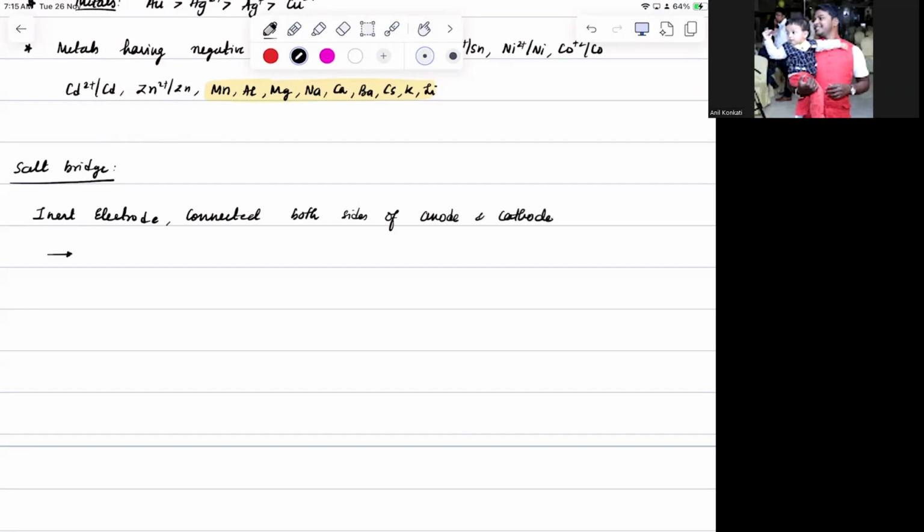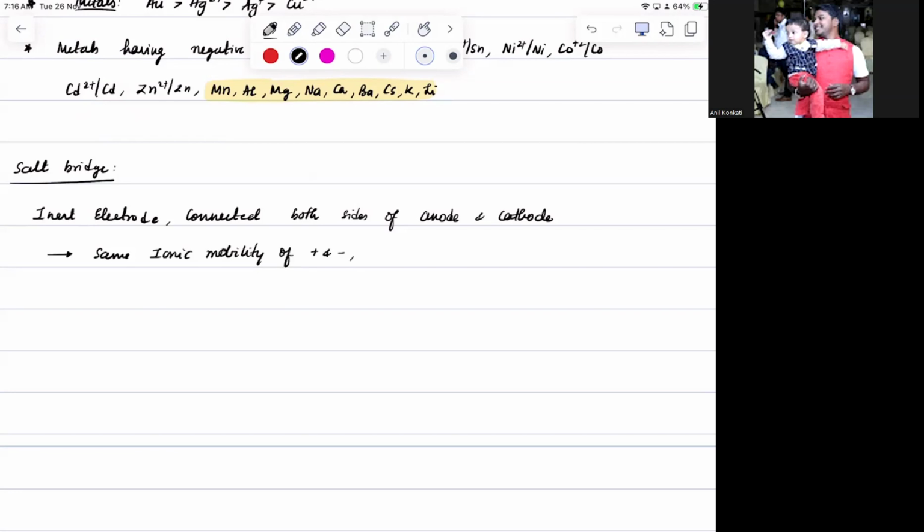The salt bridge must have the same ionic mobility of cations and anions.